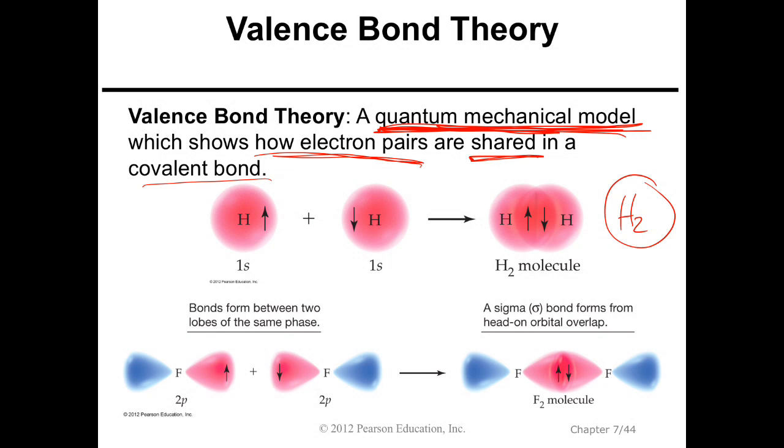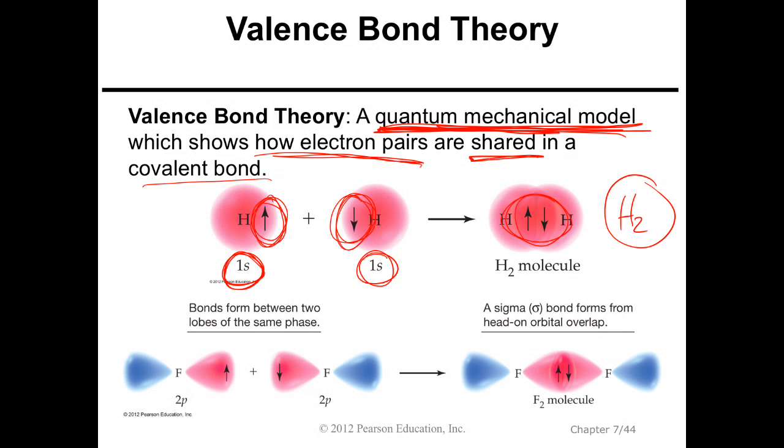Shown here, each individual hydrogen atom has just one electron in a 1s orbital. An easy way to think of it is that each hydrogen has one electron that can overlap. They're shown as a spin up and a spin down, so that they become paired.